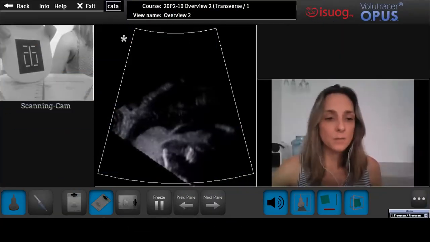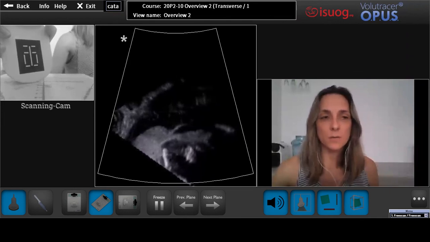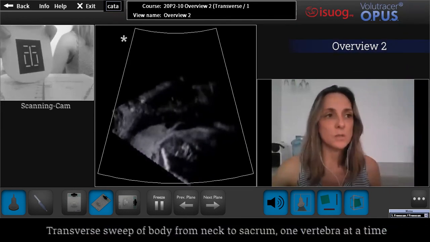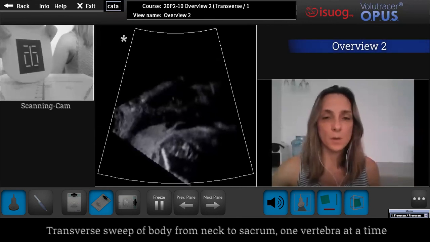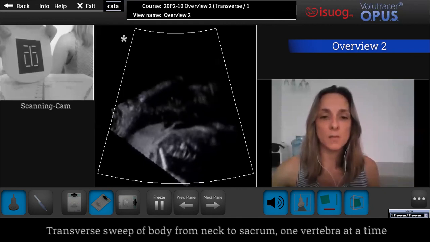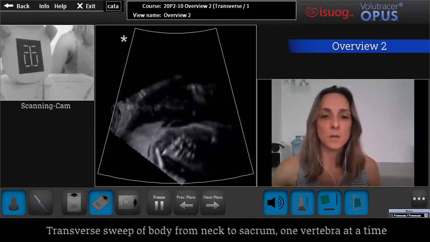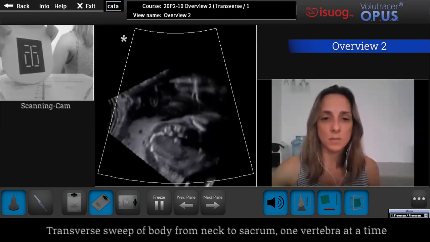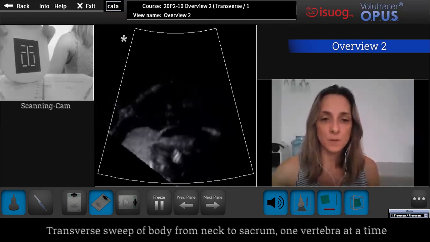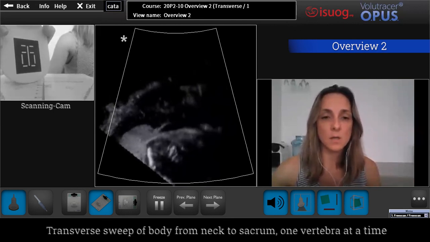So we are going to finish with the second overview, which is the second sweep, which is a transverse sweep of the whole body, starting from the neck of the baby to the sacrum. And we are going to check every one of the vertebrae to make sure everything looks okay in this view. So we start from the fetal neck, as you can see here.